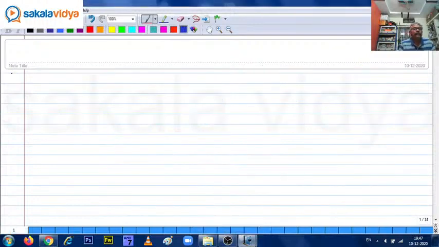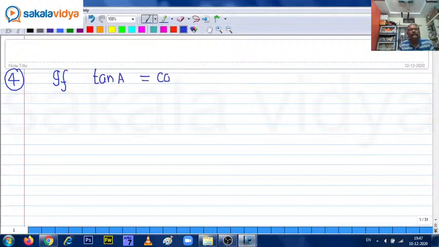Okay, fourth problem. If tan A equals cot B, then prove that A plus B equals 90 degrees.